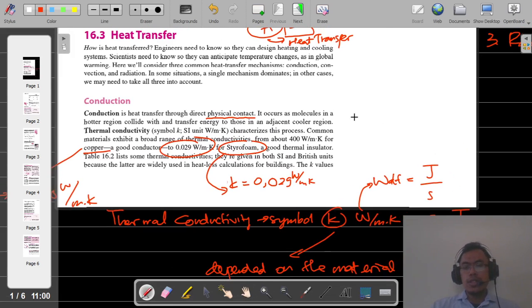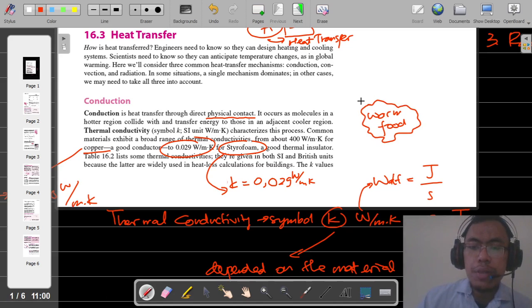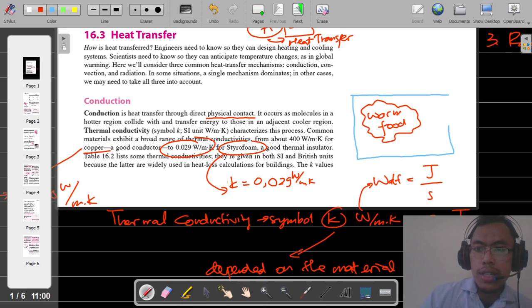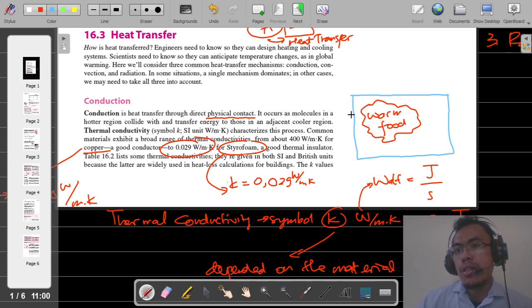So let's say you have warm food here, and you want to keep your food warm as long as possible, so you can put styrofoam to insulate the thermal energy, or to keep your food still warm.